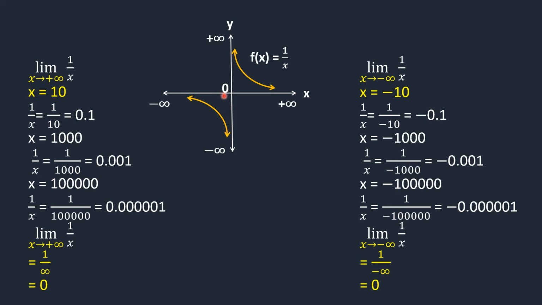As x takes lower and lower negative values, 1 over x takes higher and higher negative values, which means the graph of 1 over x is approaching towards 0.